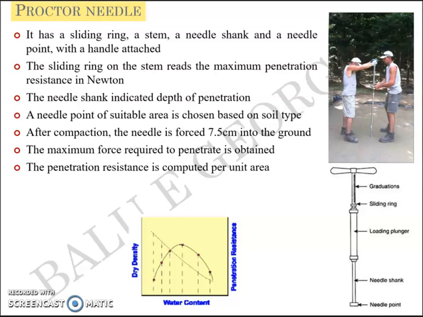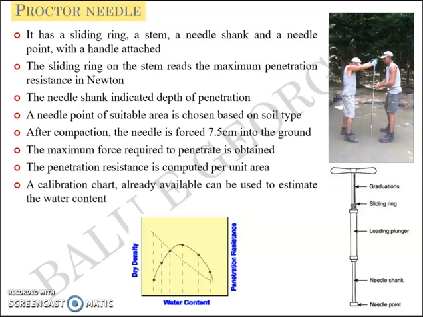And once you have got the penetration resistance per unit area, you can use this calibration chart, which means for any penetration resistance, you can get the water content from this calibration chart. So what you get from the field is the penetration resistance, and using the penetration resistance from the chart, you get the corresponding water content. So that's a field method in which you can estimate the water content.